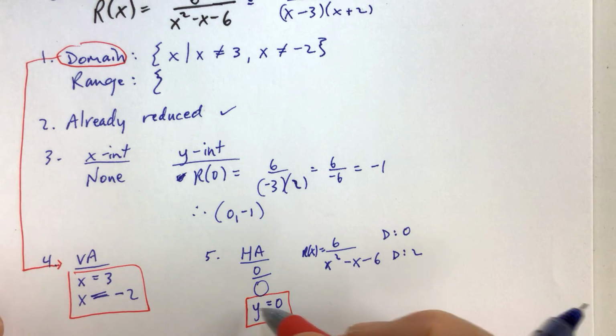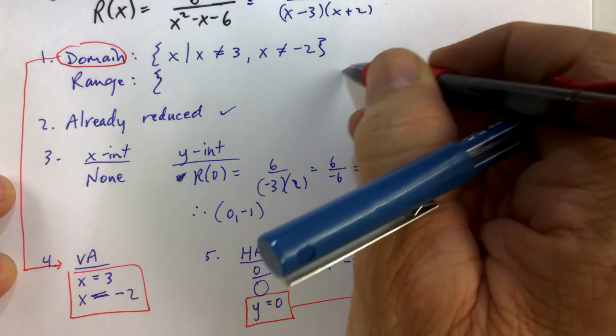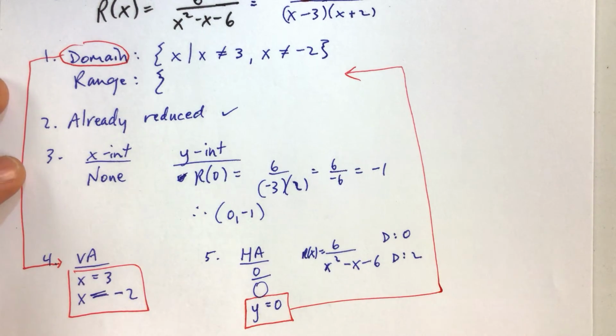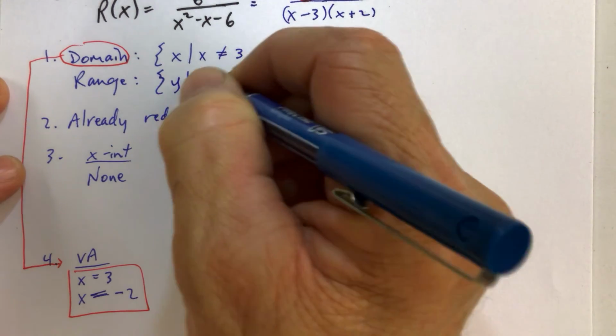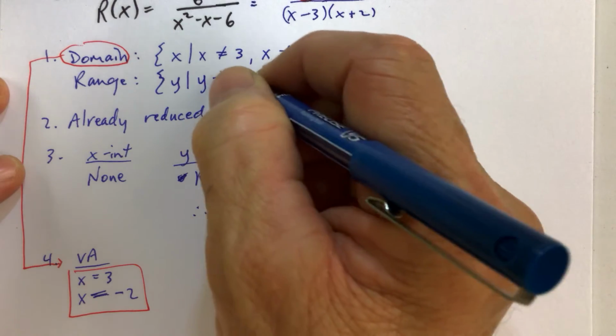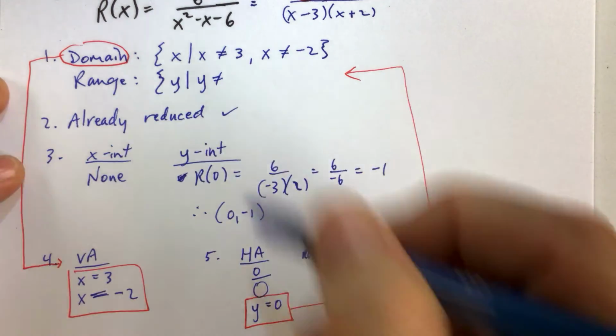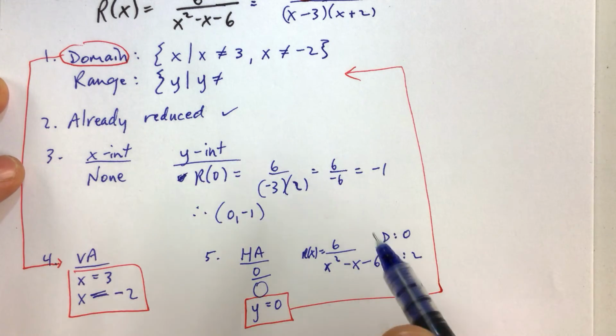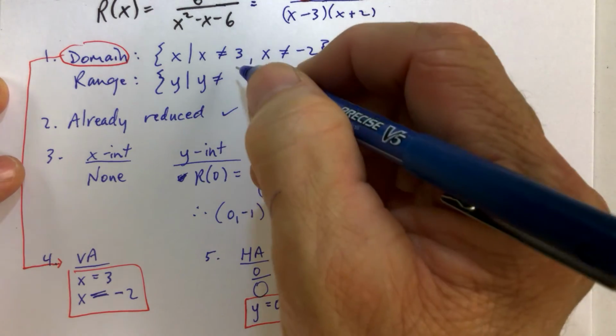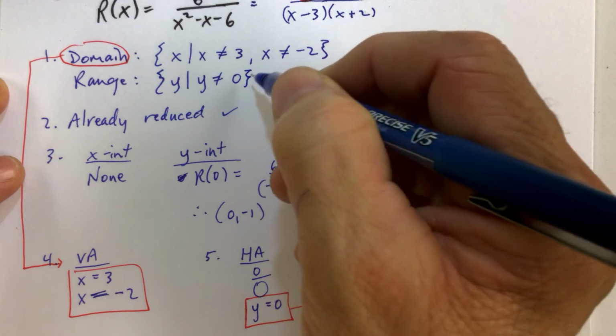When we have our horizontal asymptote, we want to go all the way back up here, and we're going to see the connection between a horizontal asymptote and the range. The range would be all real numbers y, such that y cannot equal whatever that horizontal asymptote is.